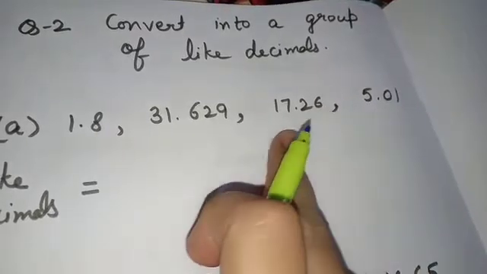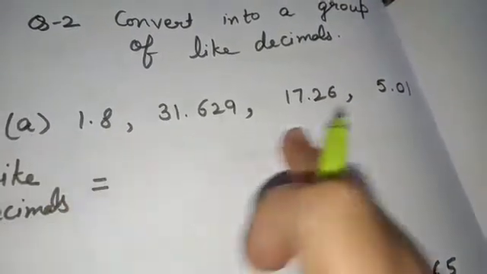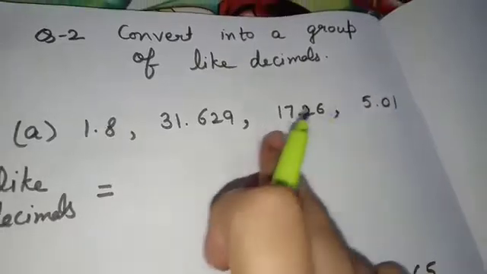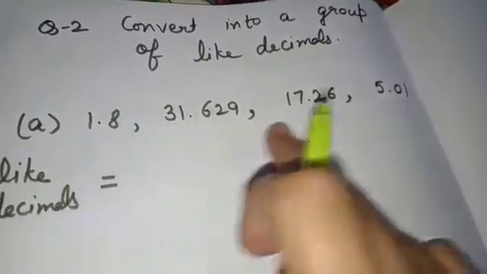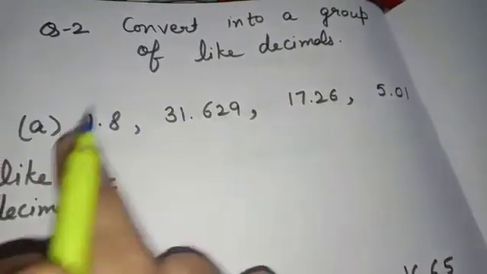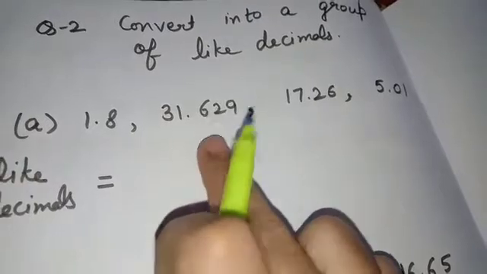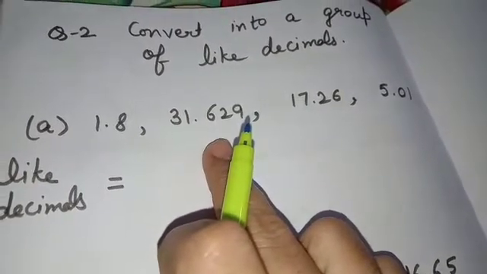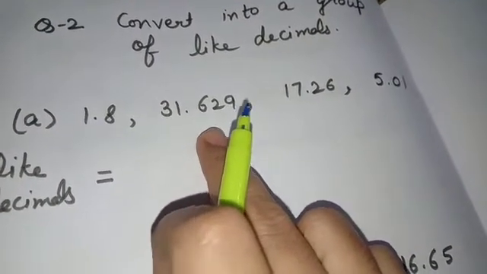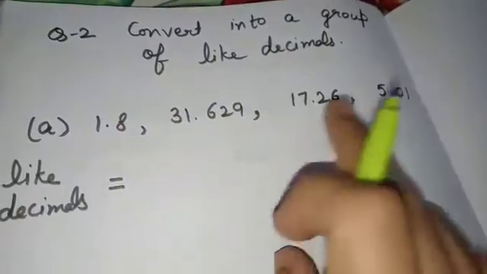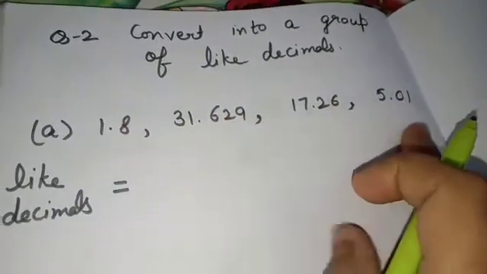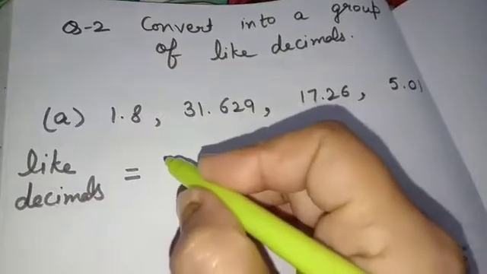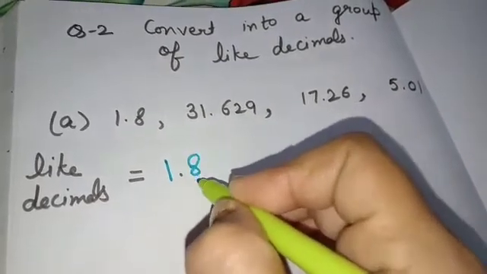Out of all the numbers, we have to check which number has the maximum number of decimal places. Which has the maximum? This one, as it has 3 digits after the decimal. So we will make all the numbers have 3 digits. In 1.8 there is 1 digit.